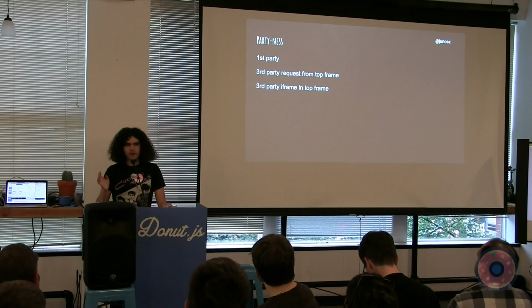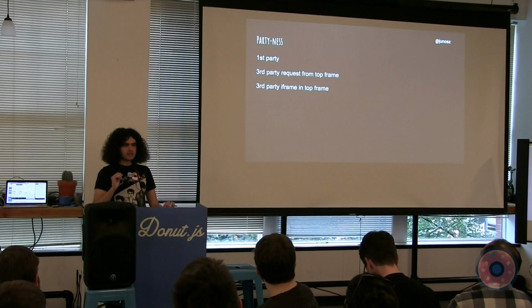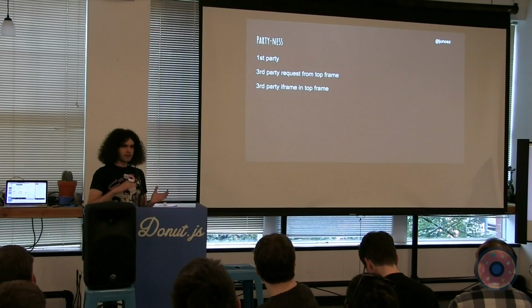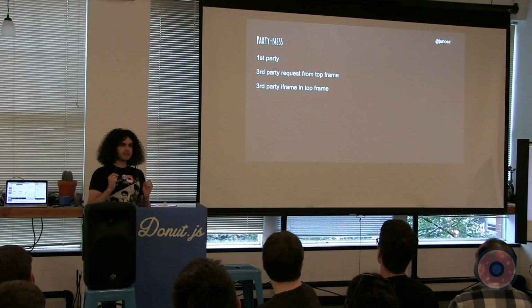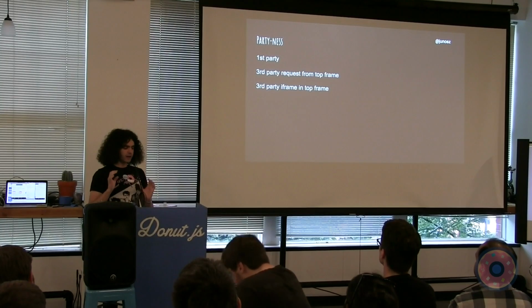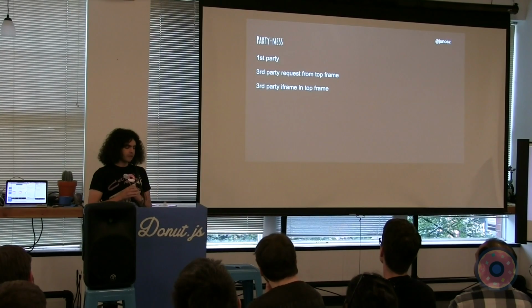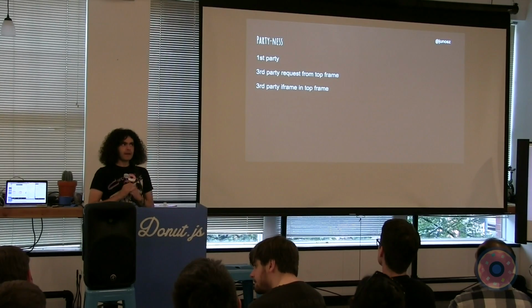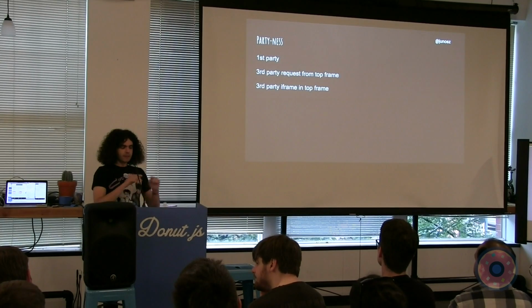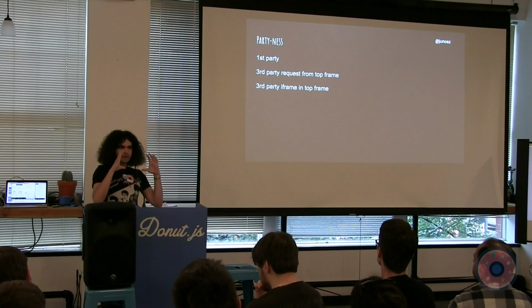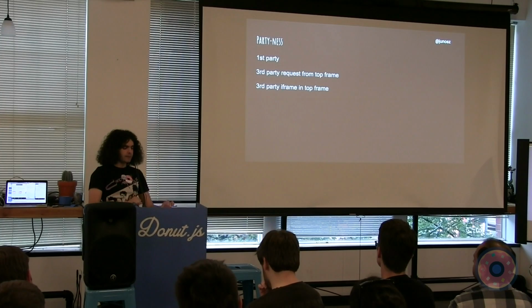So to this notion of partiness, you might hear the concept of a first-party cookie or a third-party cookie. And it's the same cookie, but it depends on where you are on the web. A third-party cookie might be on a separate domain, inside of an iframe from the containing page at the top.